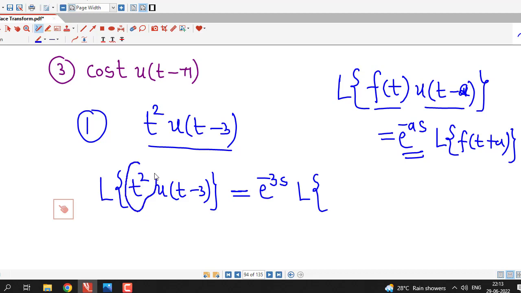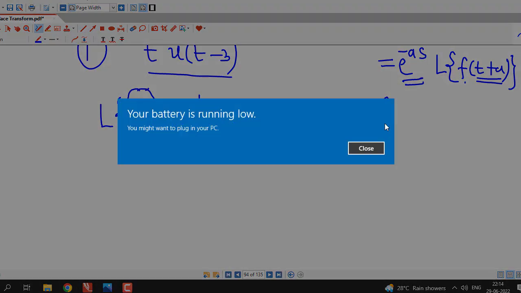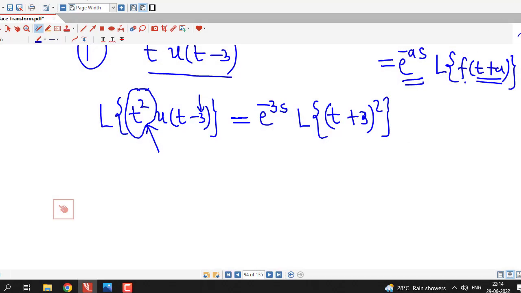Here f of t is t square and a is 3, so in this function we replace t by t plus 3. Our function f of t is t square; in that function we replace t by t plus 3, and we require the Laplace transform of the square of t plus 3. This is how the formula works.